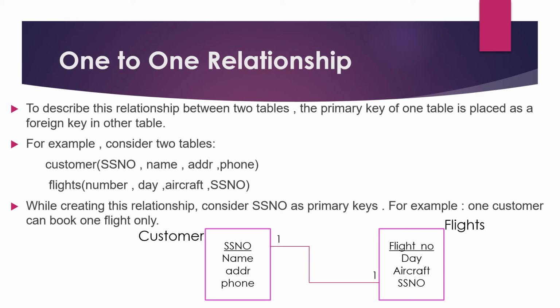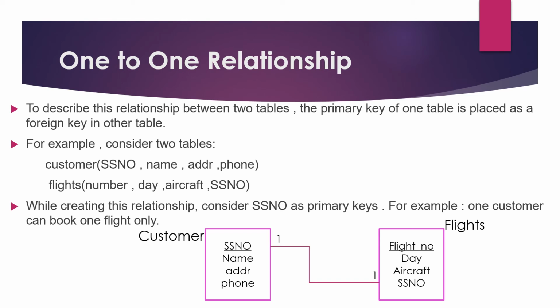Flights has the attributes number, day, aircraft and social security number. In the customer table, social security number is taken as the primary key, and in the flight table, social security number is taken as a foreign key.